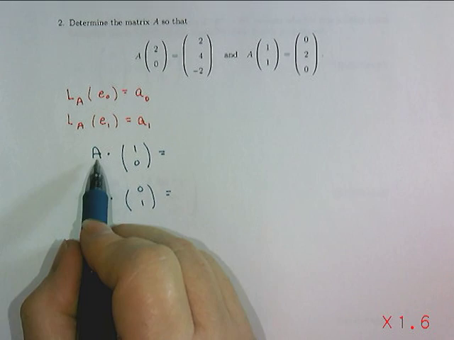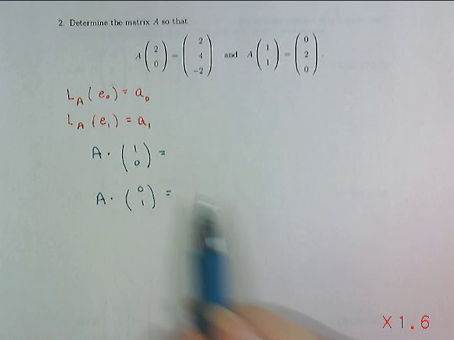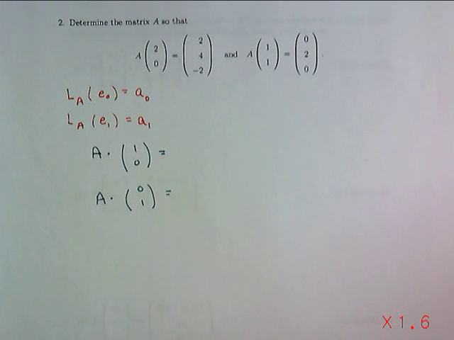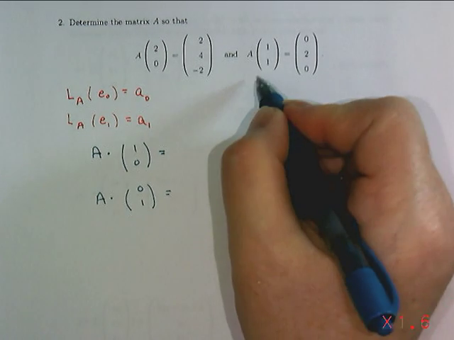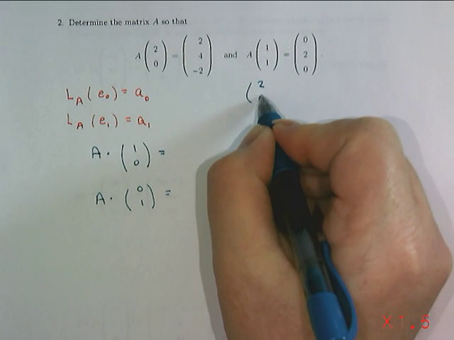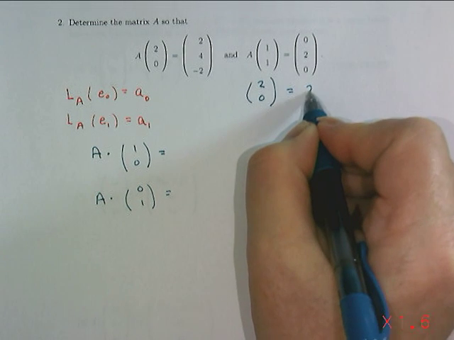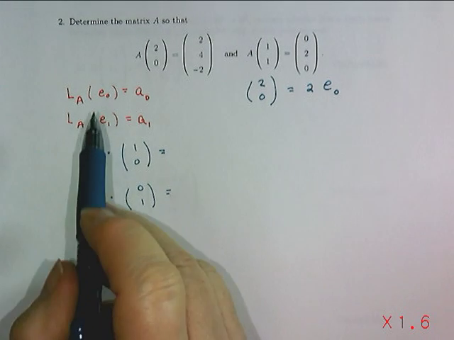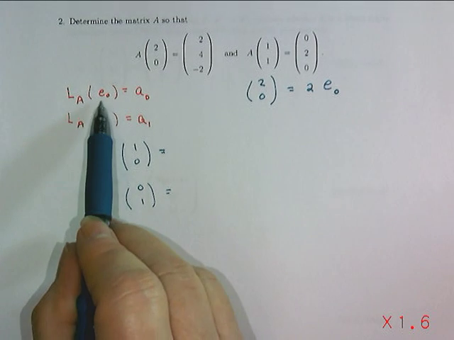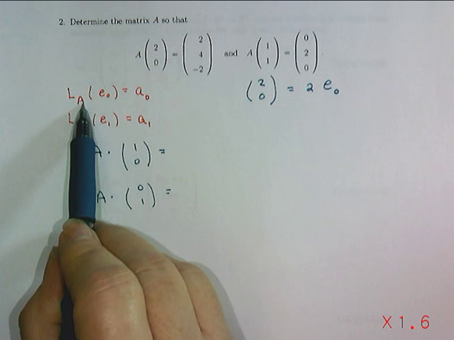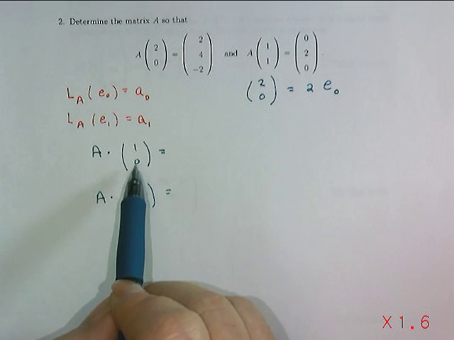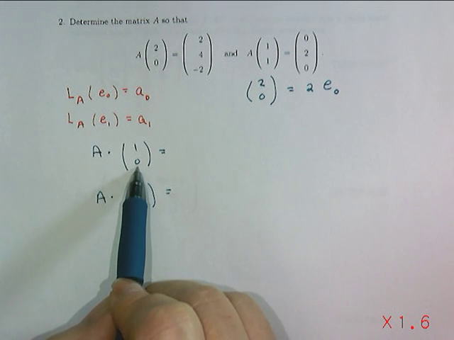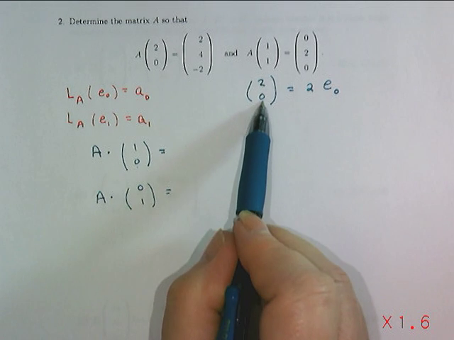Well, first of all, what is A times the vector 1, 0? Notice that the vector 2, 0 is 2 times e sub 0. And because we're dealing with a linear transformation, A times 1, 0 is related to A times 2, 0.